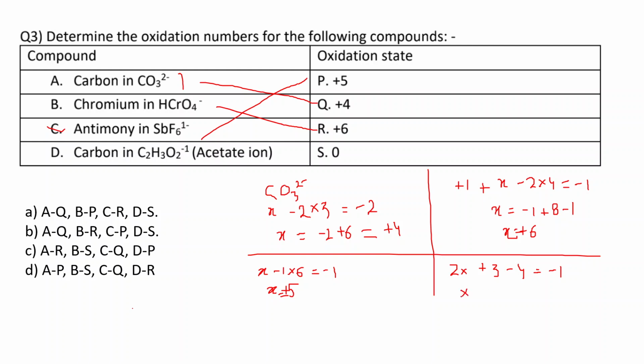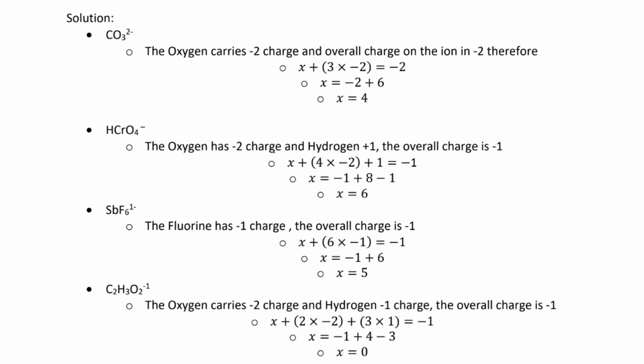Then X for carbon will be -1 plus 4 minus 3, divided by 2. And what does it come to? 0, right? So acetate ion will be this. Therefore, our solution is this. Okay. This is all the calculation that I have shown. So this is written nicely here, so you can refer to this.